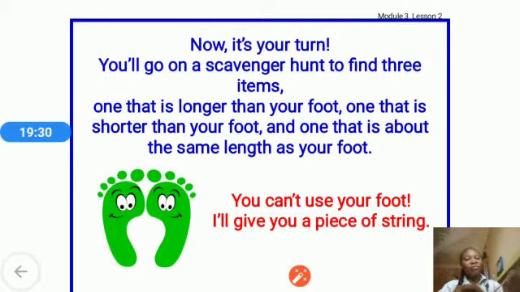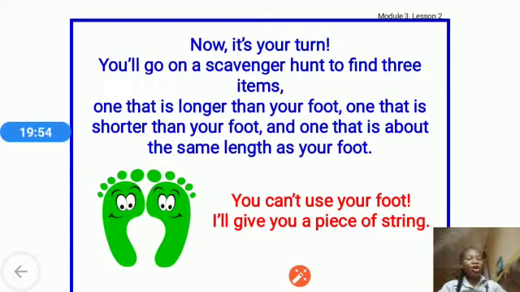Now can you compare your string to your foot? Is your string shorter than your foot? Is it longer than your foot? Have you done that?